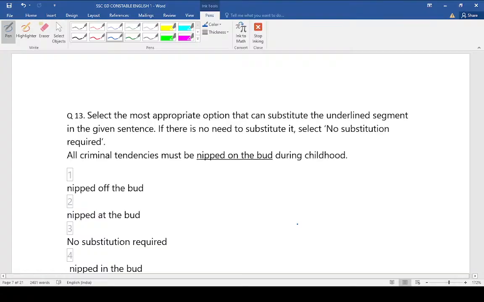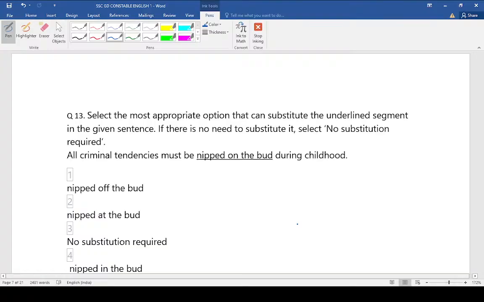Nipped on the bud is given. So what is the meaning of this idiom? We are supposed to stop that in the early stages. We stop them before developing, means in the early stages we have to stop the things which are not done correctly.